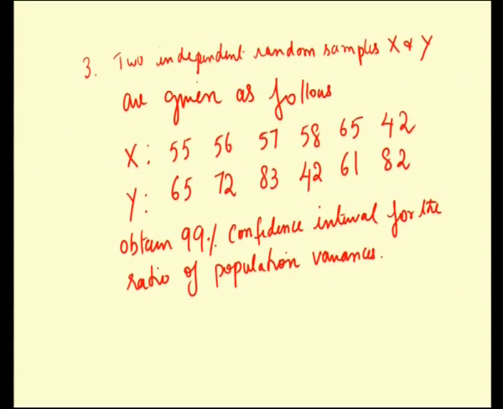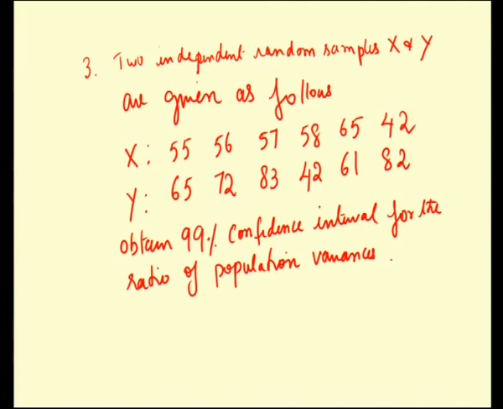Third question: you have two independent random samples x and y given as follows. The values of x are 55, 56, 57, 58, 65 and 42. Y values are 65, 72, 83, 42, 61 and 82. You have to obtain the 99% confidence interval for the ratio of the population variances.